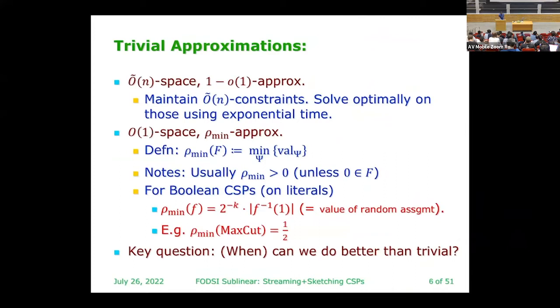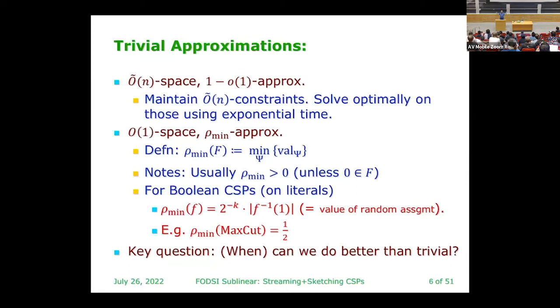All right, so just like in Sefer's talk, let me mention the two trivial algorithms. These are slightly different than his case. Recall Sefer was trying to find actual assignments or actual solutions. We are only interested in the value of a solution, so the thresholds are very different. Roughly linear space, O tilde of n space, suffices for solving all these problems near optimally.